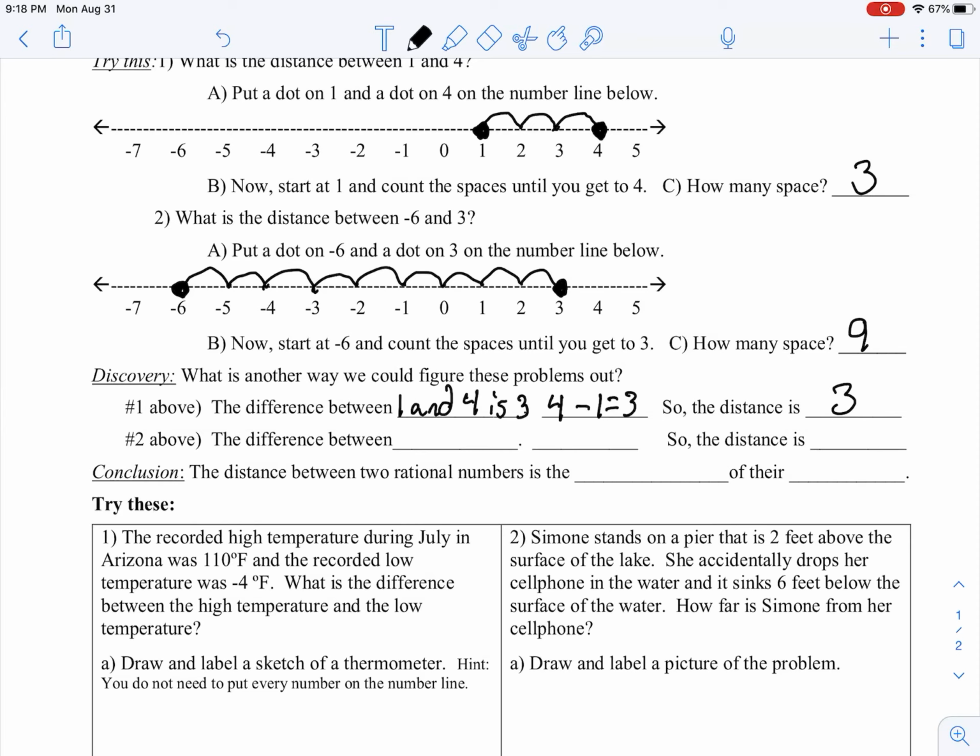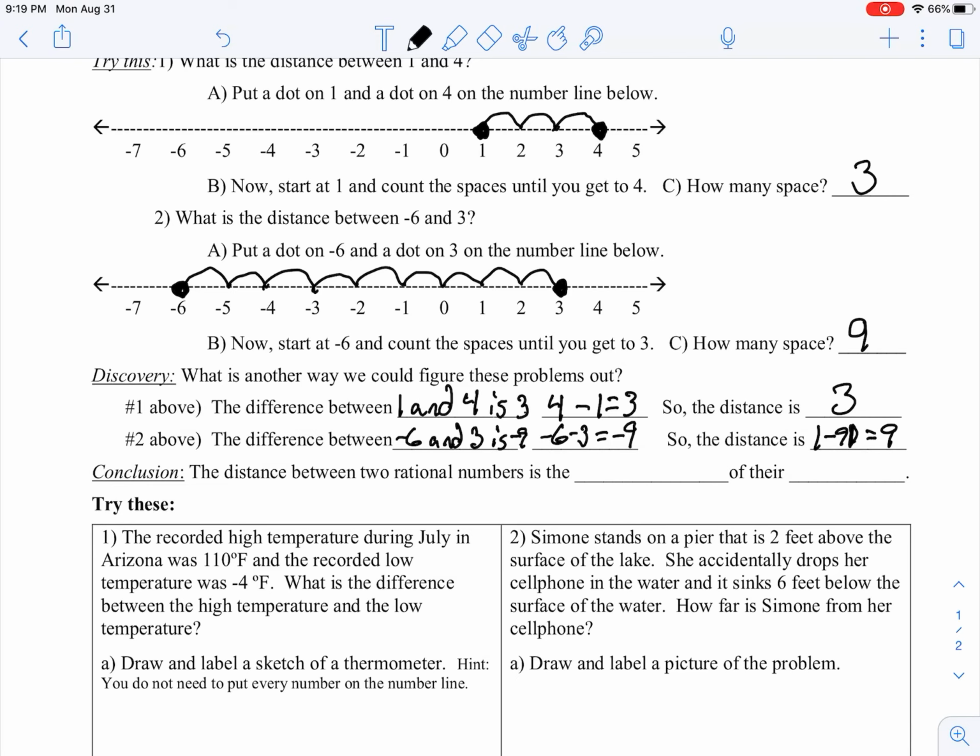Once again, just like number 2, we're using subtraction because we want to find the difference. So we want the difference between -6 and 3, which is, when we subtract this out, -9, because -6 minus 3 is -9. But remember, we're trying to find distances here, right? So the distance is the absolute value of -9, which is 9.